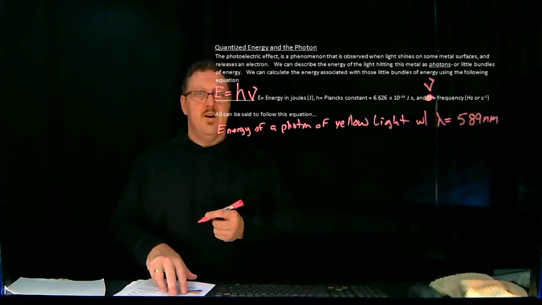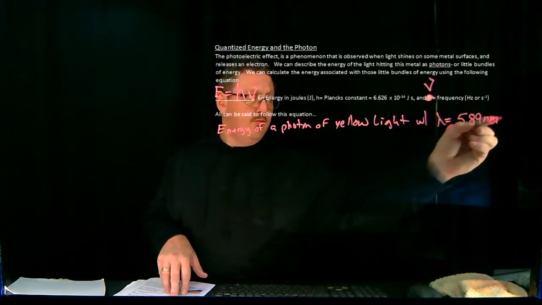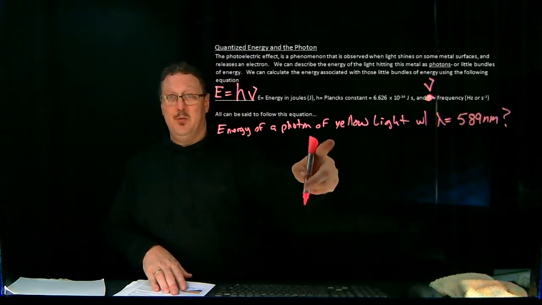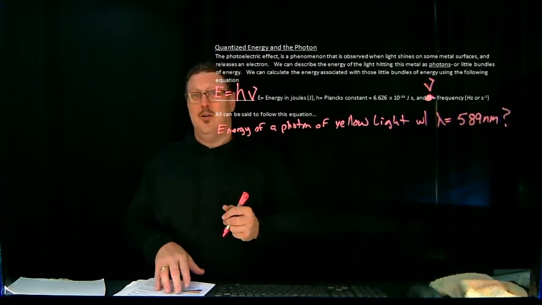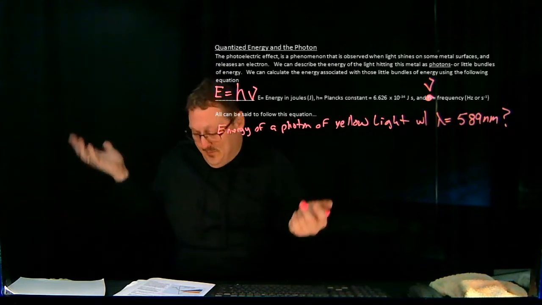Now, why did I pick this problem? Because we just figured out the frequency of that, and now that's one less number we have to calculate. So that's what I did.